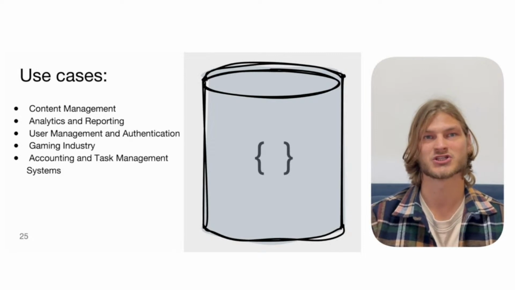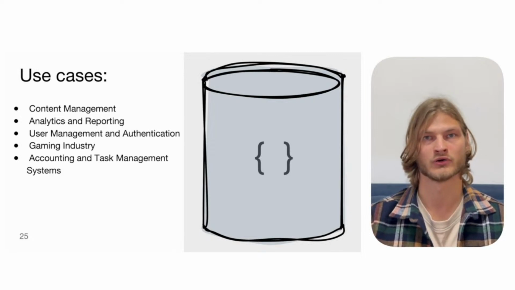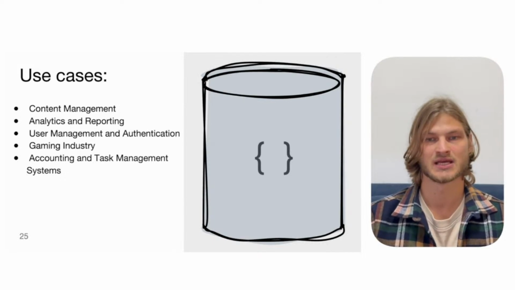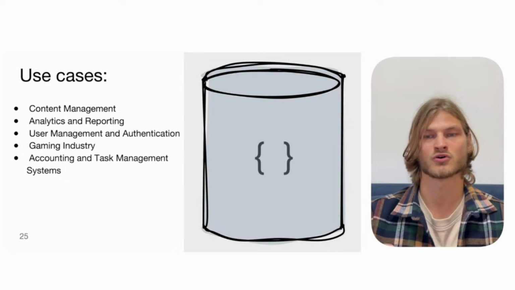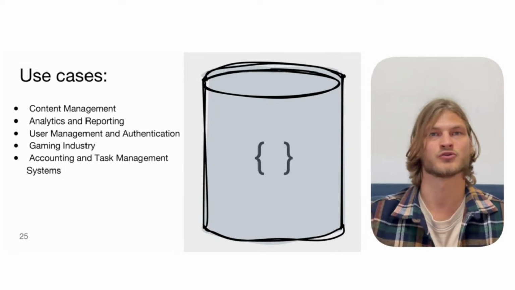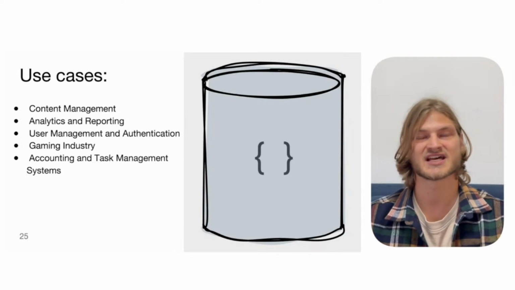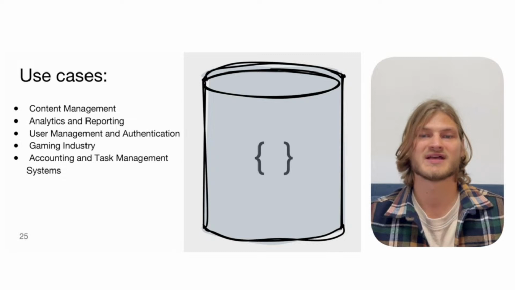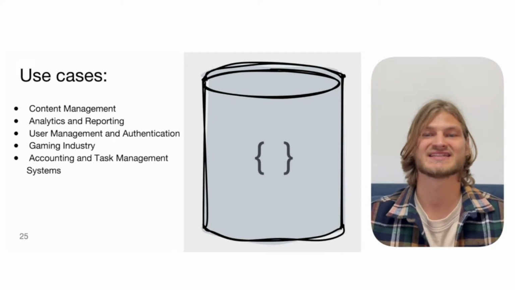Accounting and task management systems are also good for such databases because you can store the management of tasks, projects, and to-do lists in such systems. And documents can represent tasks with their related attributes.